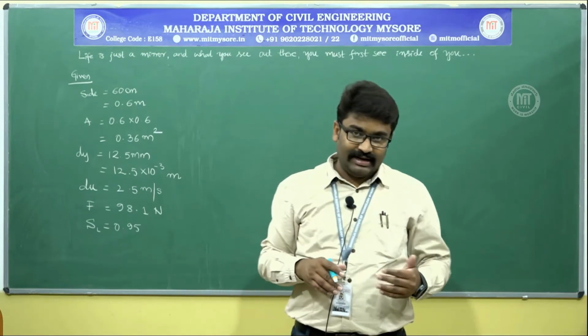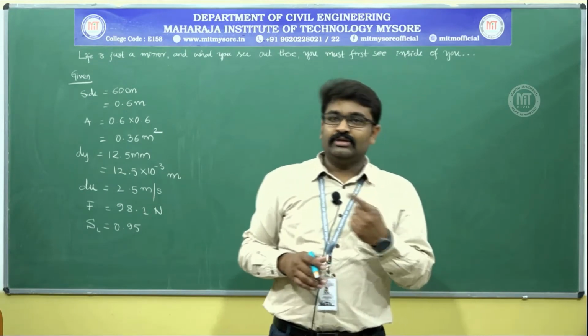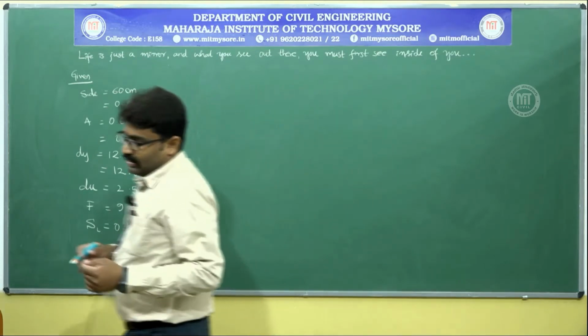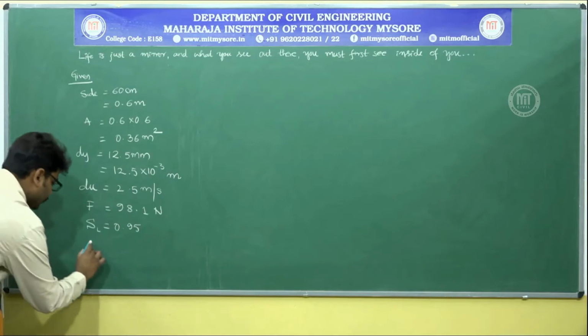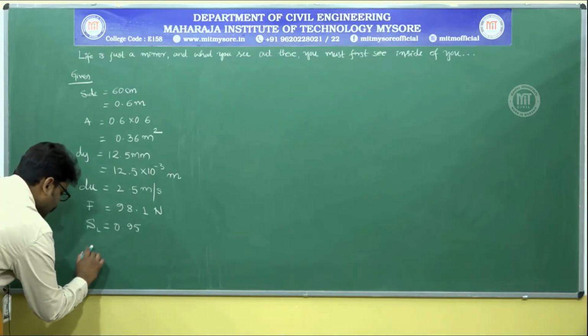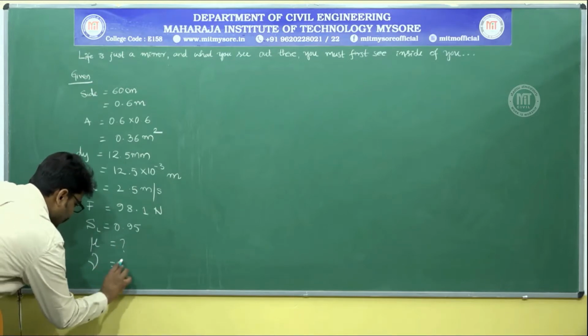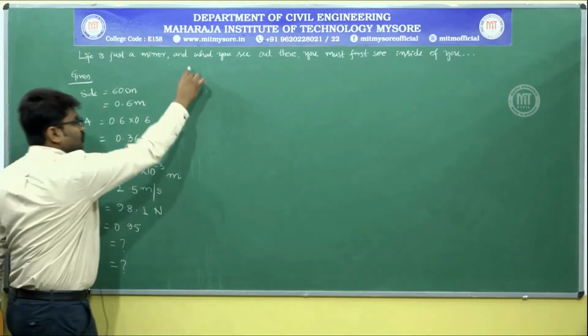Water, that is the standard liquid, has a specific gravity of 1. So what is given to us is a liquid which is less dense than water. And then you will have to calculate viscosity mu in Poise and kinematic viscosity in Stokes.